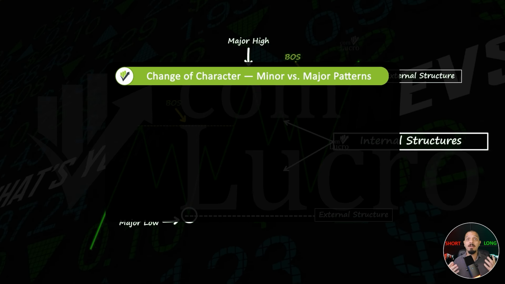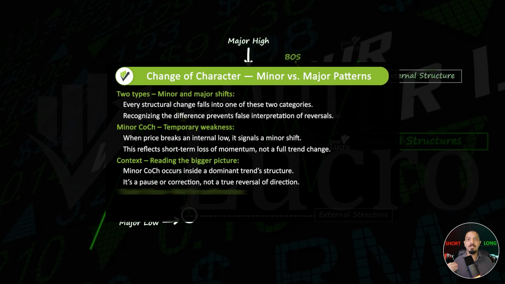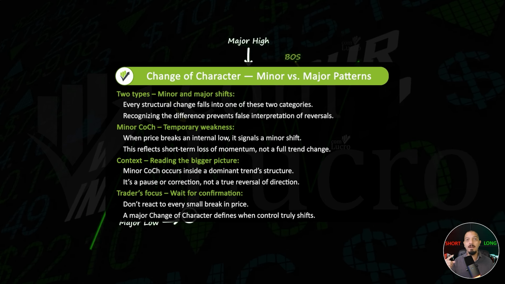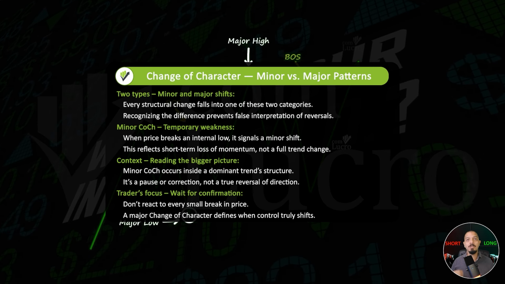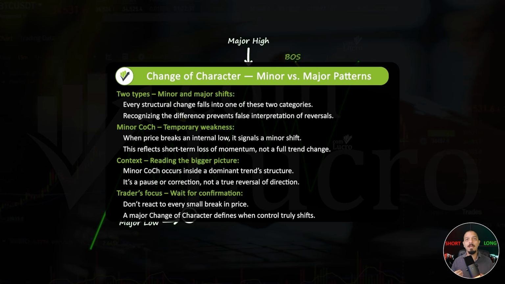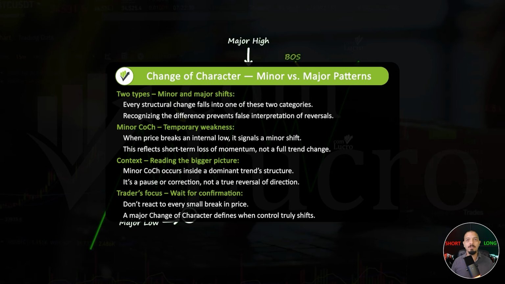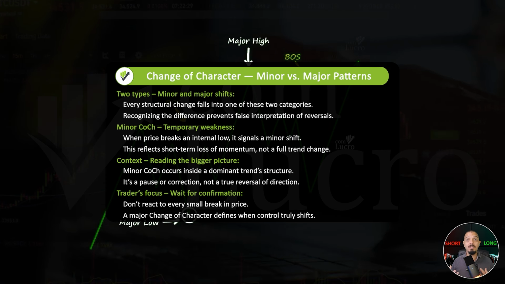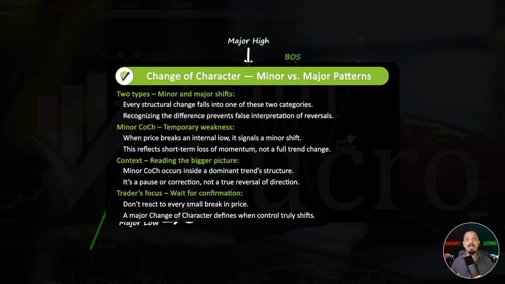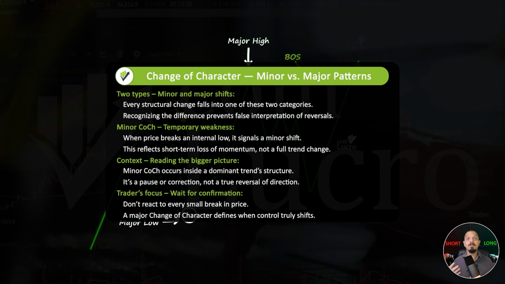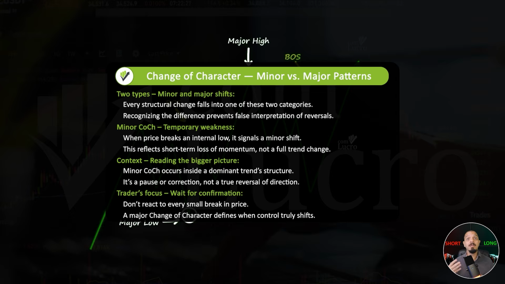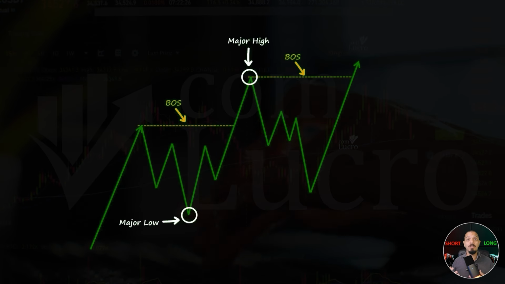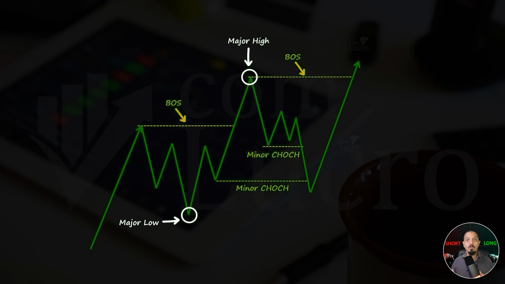Now, change of character patterns can be divided into two categories, minor and major. Each time price breaks an internal low, it produces a minor change of character. However, it's essential to understand that a minor change of character alone does not indicate a full structural shift or a reversal in market direction. It merely shows temporary weakness within the broader trend.